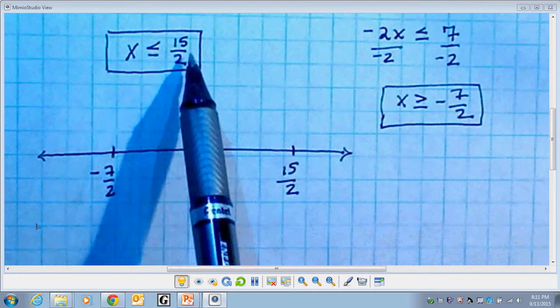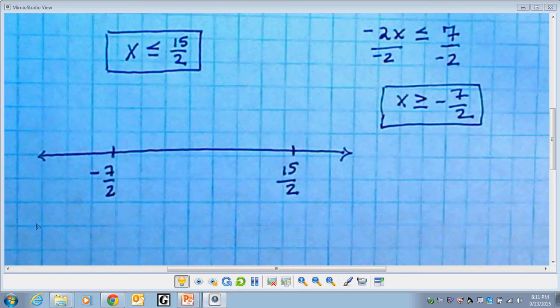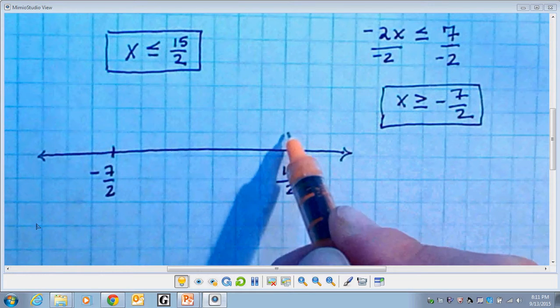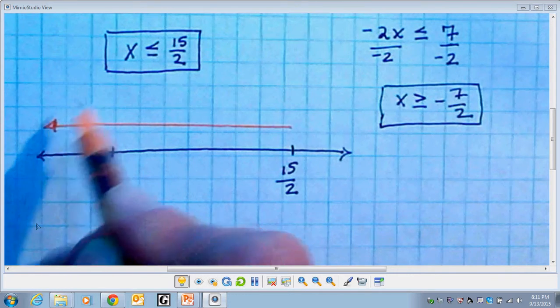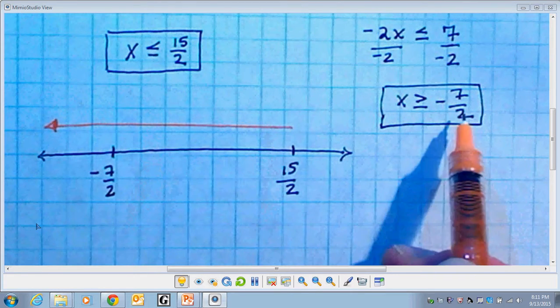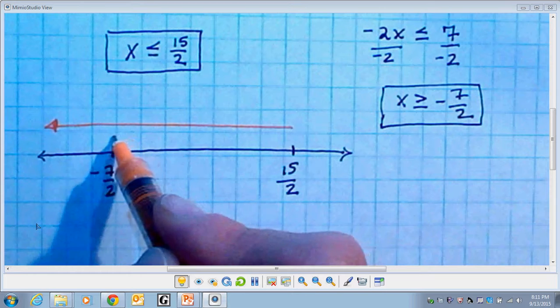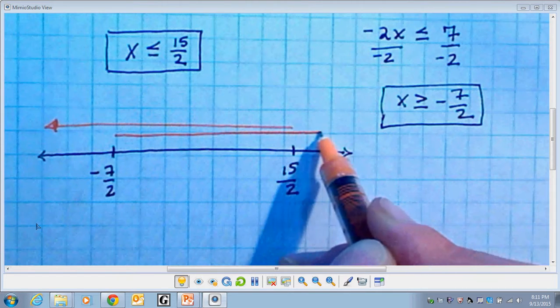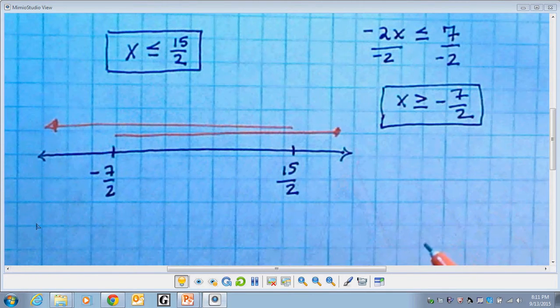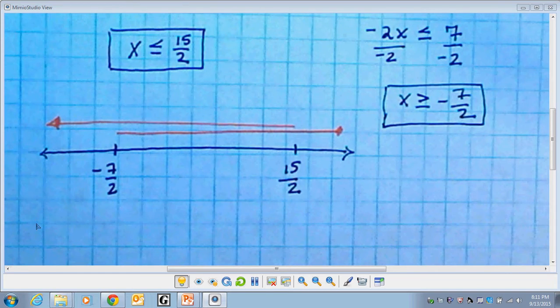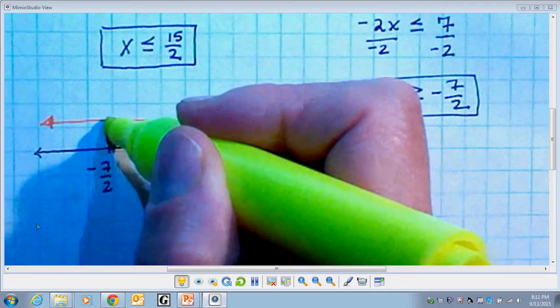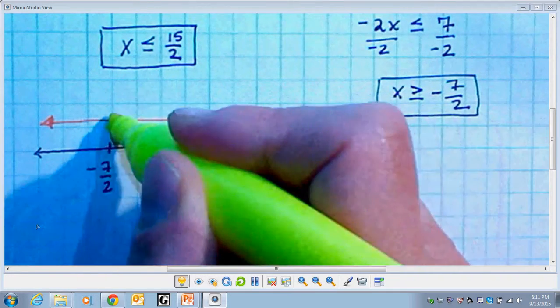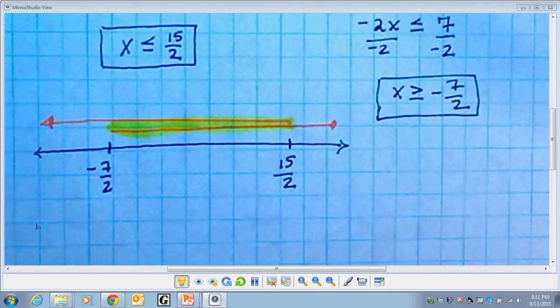So x is less than, and less than numbers are always going to be to our left. And x is greater than this number, and greater than numbers are always to our right. So I know that it has to be where these lines overlap, and they overlap right here.